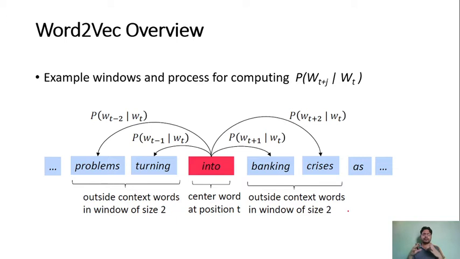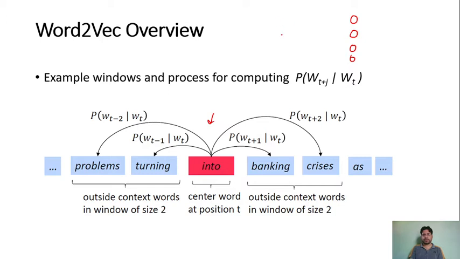So let's look at it in diagram form, how exactly we can pick it out. Suppose we have the center word "into". The context words given to you are problem, turning, banking and crisis. Given these four words, you are trying to find the probability of the center word. So you will make a network where you have these four words as input, that is, you are embedding four words.